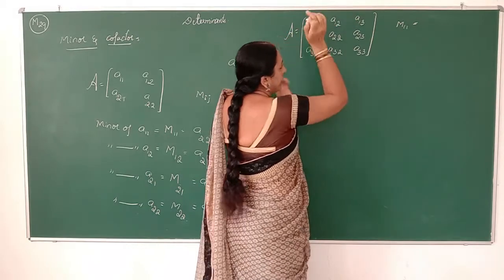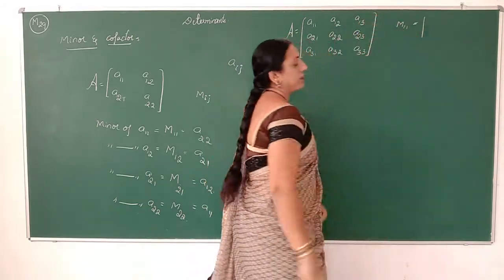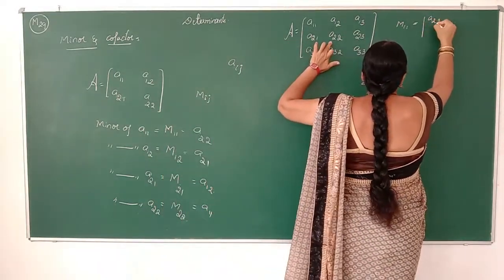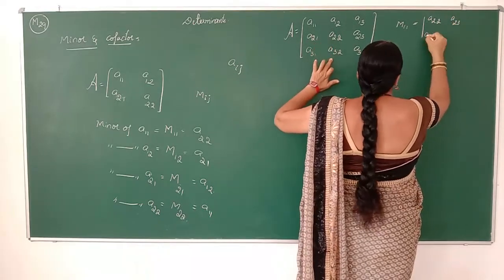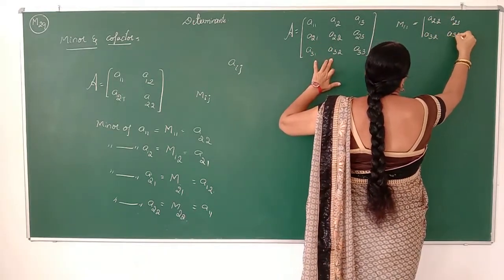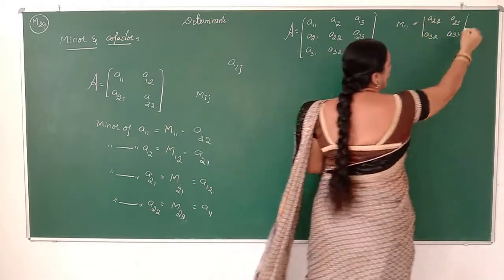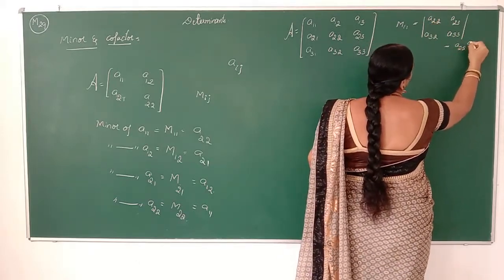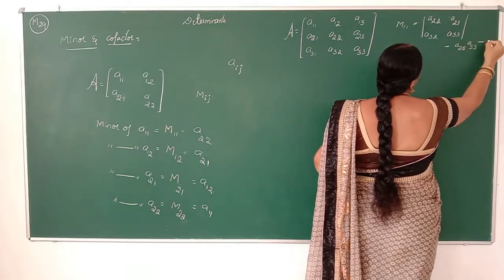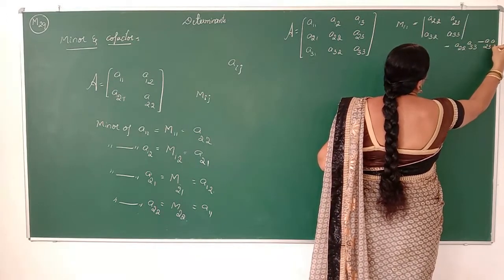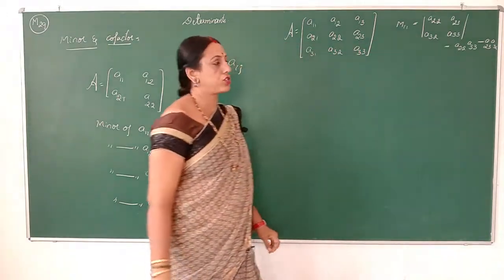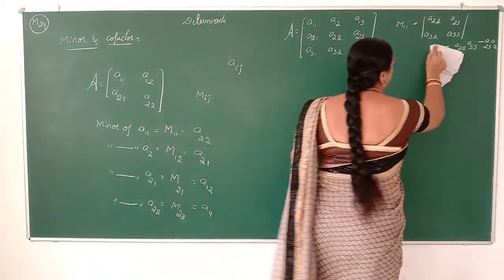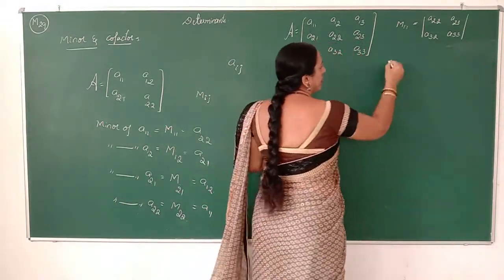These elements are neglected and the remaining elements form a 2 cross 2 determinant: A22, A23, A32, A33. After simplification by cross multiplication, it is A22 A33 minus A23 A32. Otherwise, it can also be written in the form of a 2 cross 2 determinant.